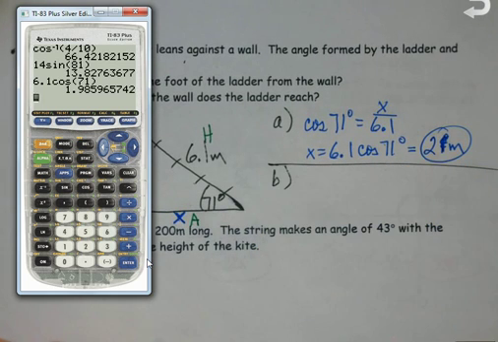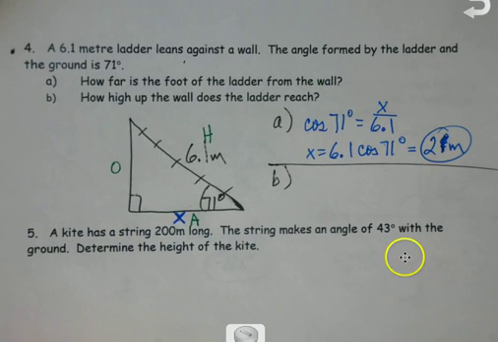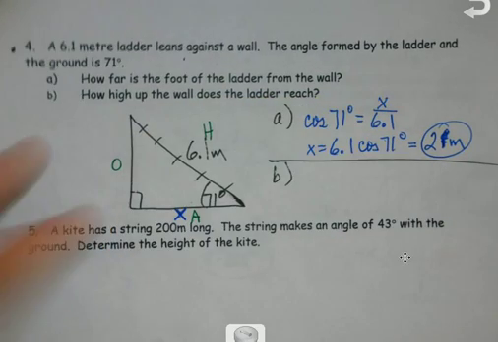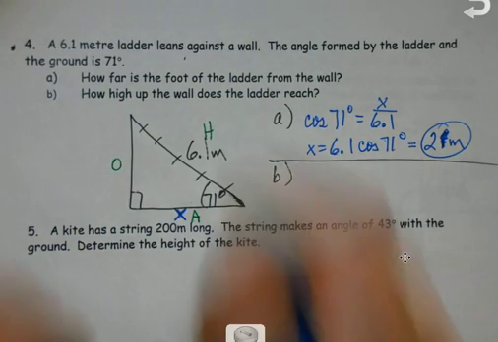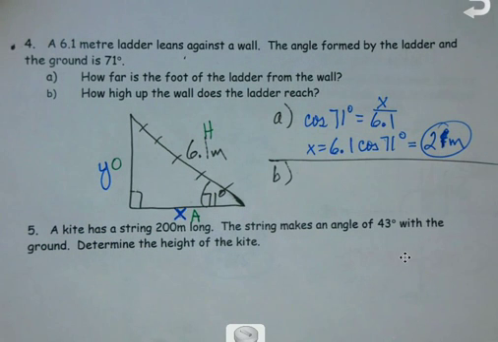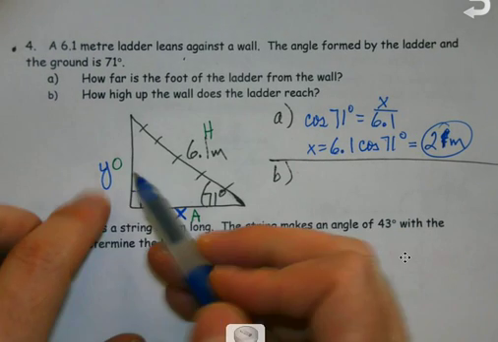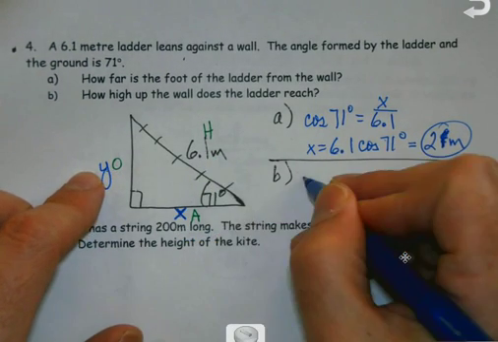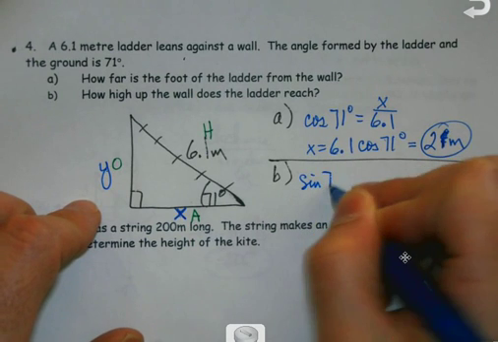Then my second part says, how high up the wall does the ladder reach? Okay, I'm going to call this Y, just so it's something different to look at. So I look, my sides are still all the same. So this time I've got opposite and hypotenuse, which would be sine.